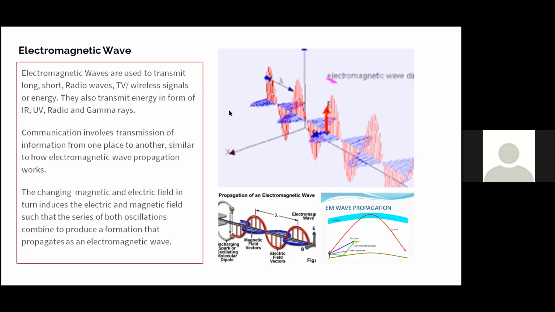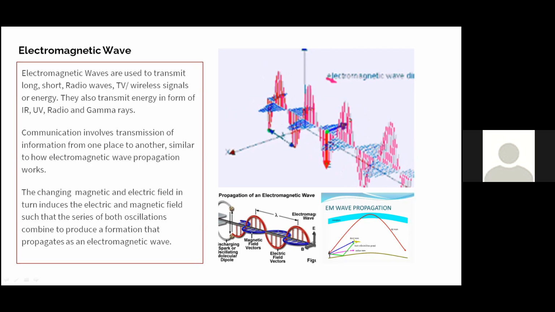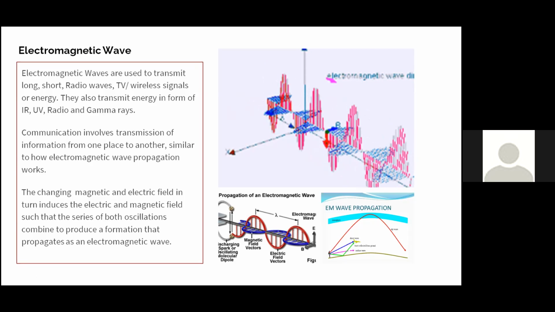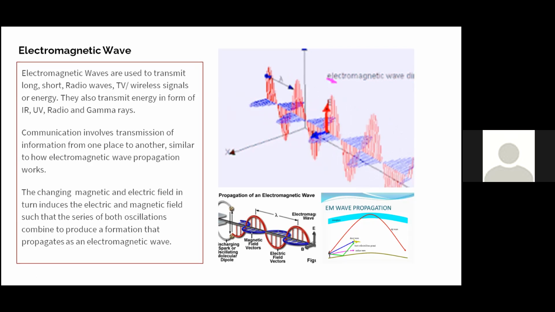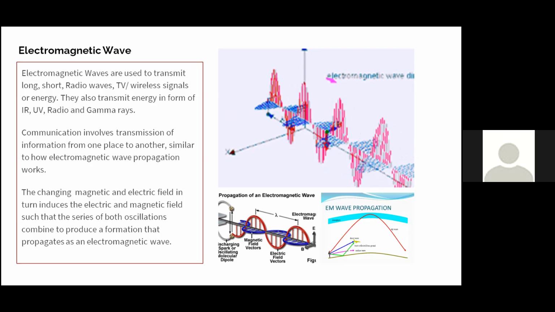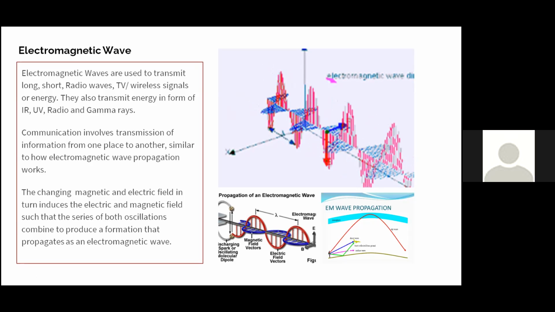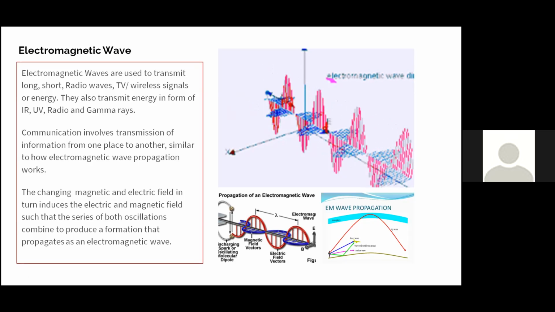The process of communication involves the transmission of information from one location to another. As we have seen, modulation is used to encode the information onto a carrier wave and may involve analog or digital methods.